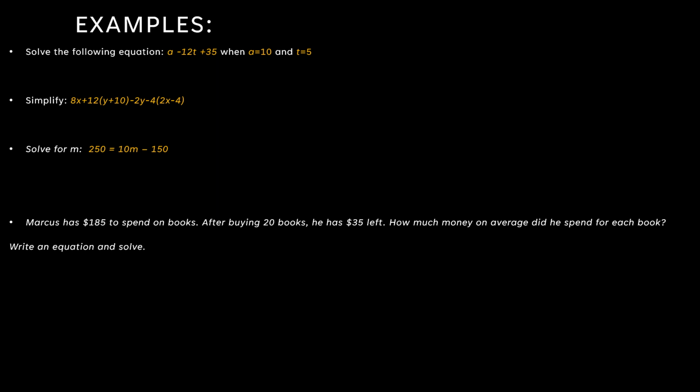So they've given us our two variables right out the gate, 10 and 5. So what we're going to do then to make things simpler is we're just going to plug those numbers in and solve our question. So we have 10 minus 12 times 5 plus 35.